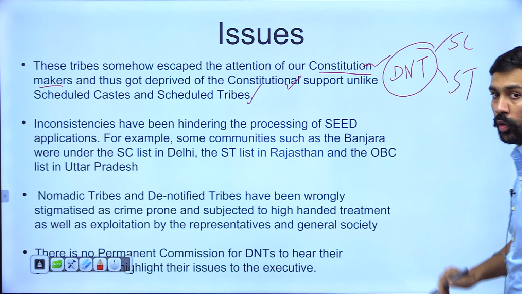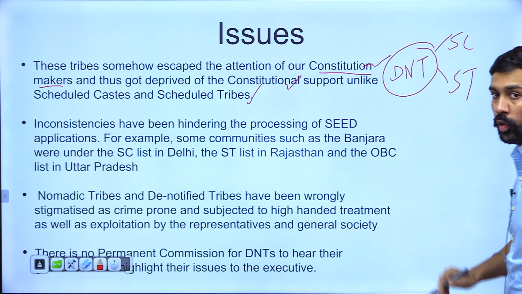The next major problem with respect to them is that there is no permanent commission for DNTs. We already know there is a National Commission for SCs, a National Commission for STs, a National Commission for Backward Classes, and a National Commission for Women.